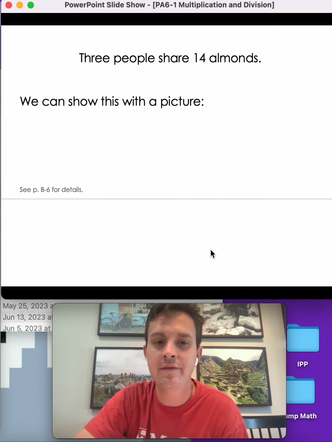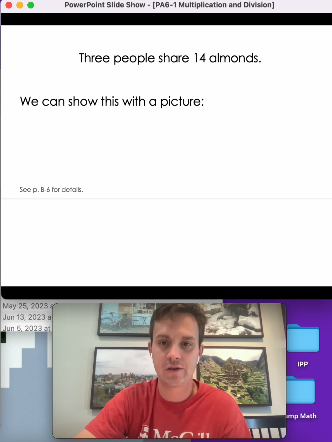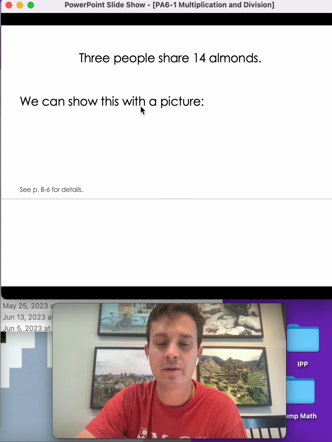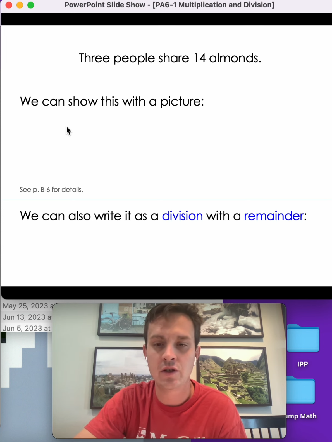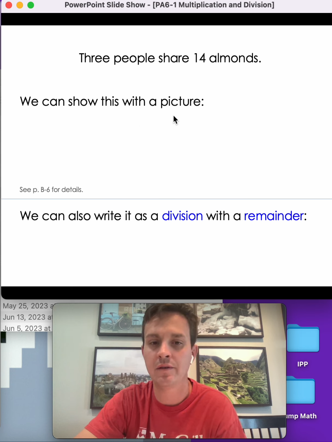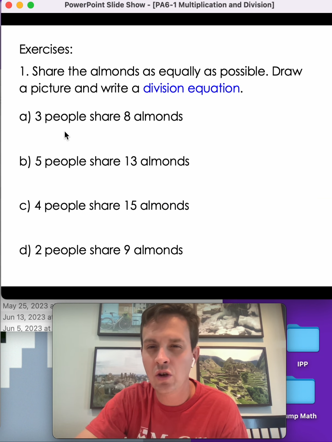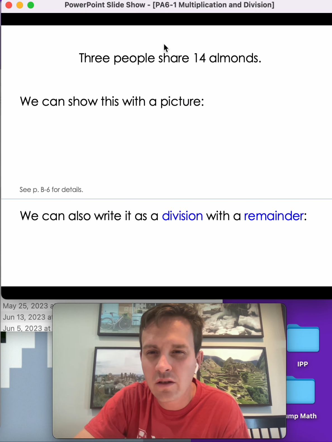Okay, so now we're going to do division with remainders. So if 3 people share 14 almonds, we can show this with a picture, right? We can draw 1, 2, 3, 4, 5, 6, 7, 8, 9, 10, 11, 12, 13, 14 almonds. And we can go ahead and circle groups of 4 to show 3 people.